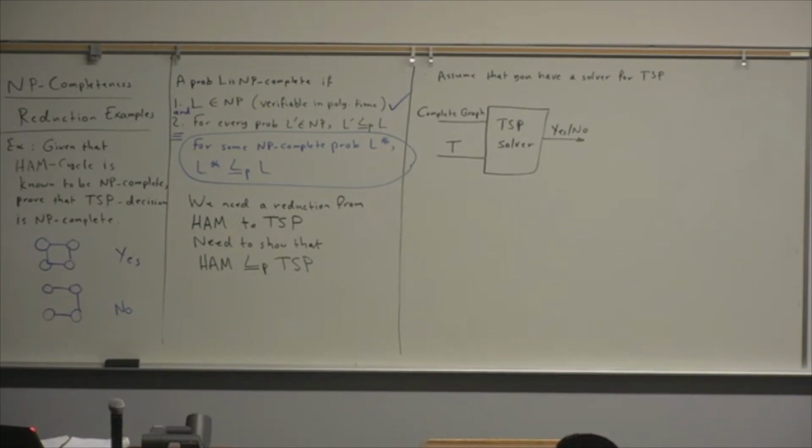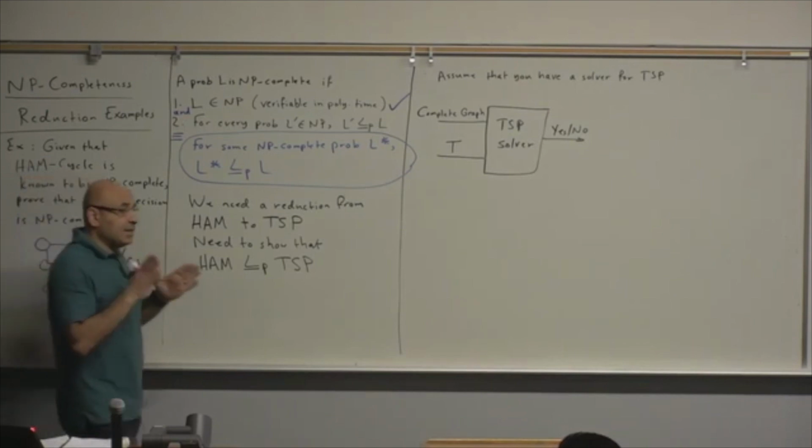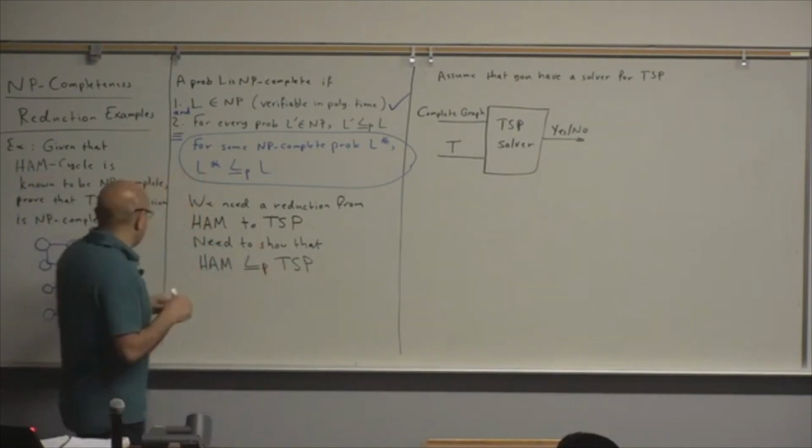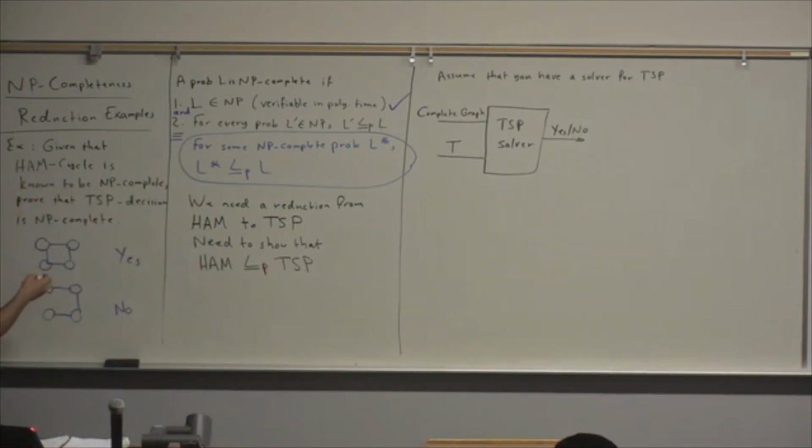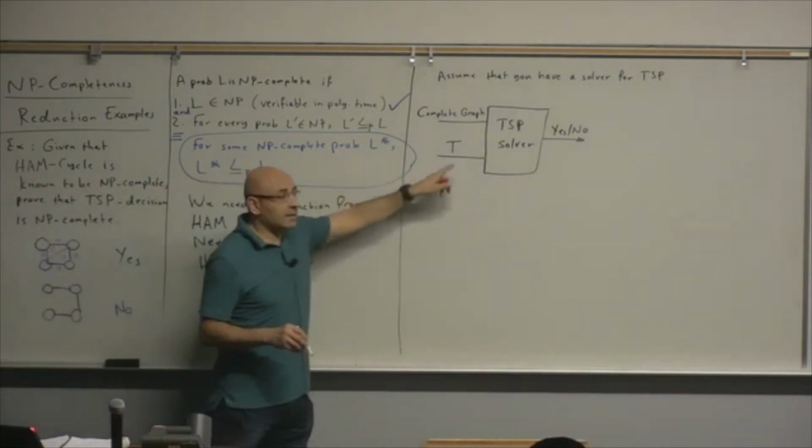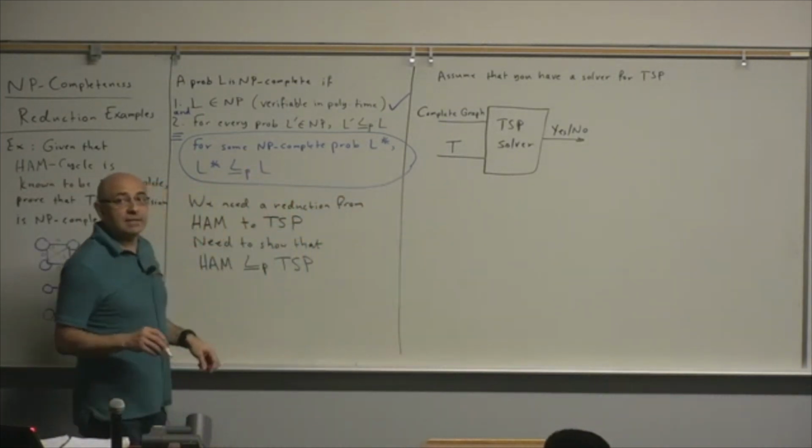So I can do 1 and 2, because I know that in the cycle, exactly V edges will be selected. Or I can just do 0. I can give these a weight of 0, and I can add other edges and give them weights of 1. Now, what should be the target that I pass to the traveling salesman in this case?